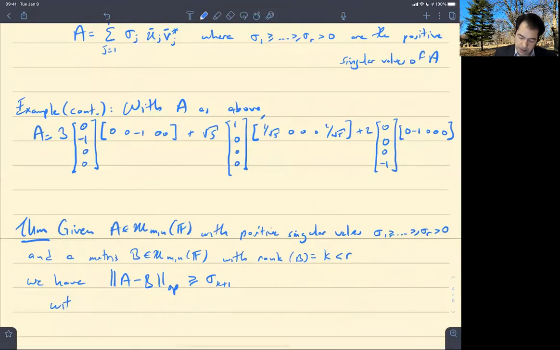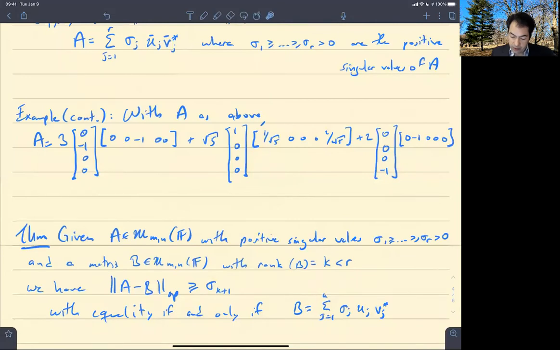With equality if and only if B is equal to the sum, J goes from 1 to K, of sigma J, Uj, Vj star.